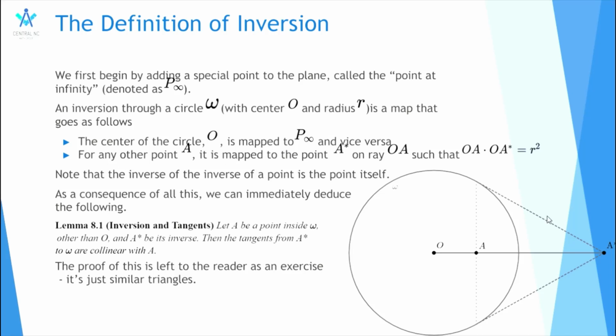By this, it's easy to see that the inverse of a point's inverse is the point itself. Now going back to O and the point at infinity: O is 0, and the distance to the point at infinity is essentially infinity.